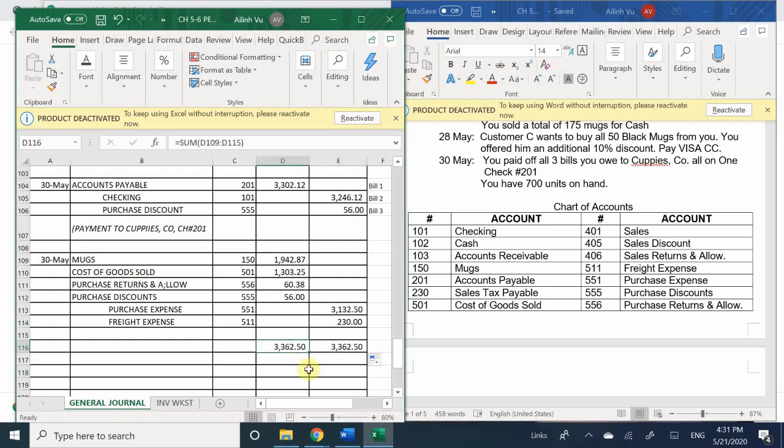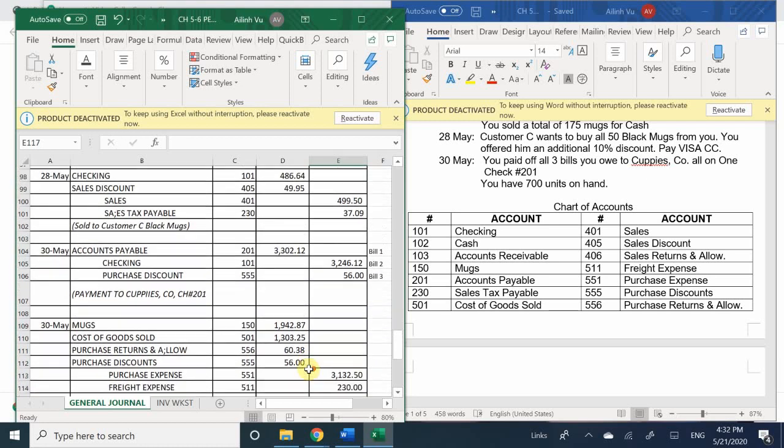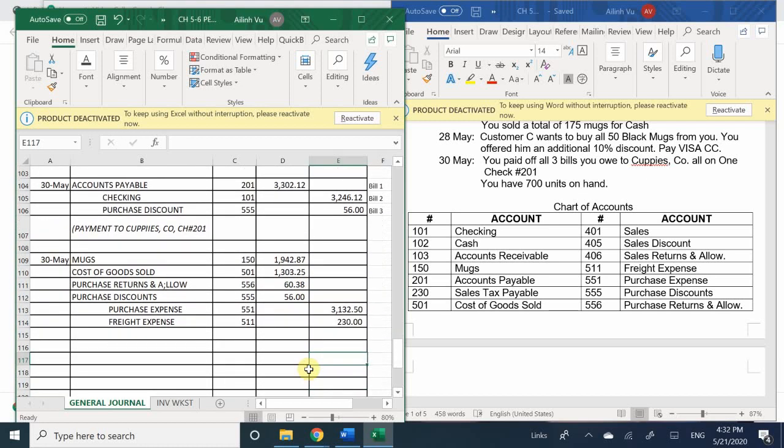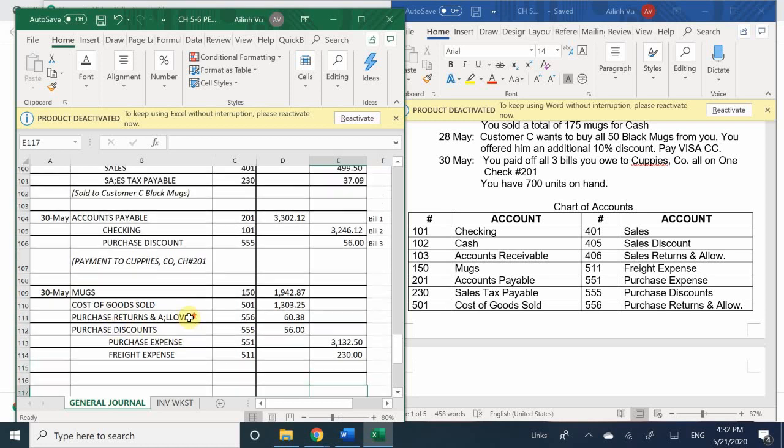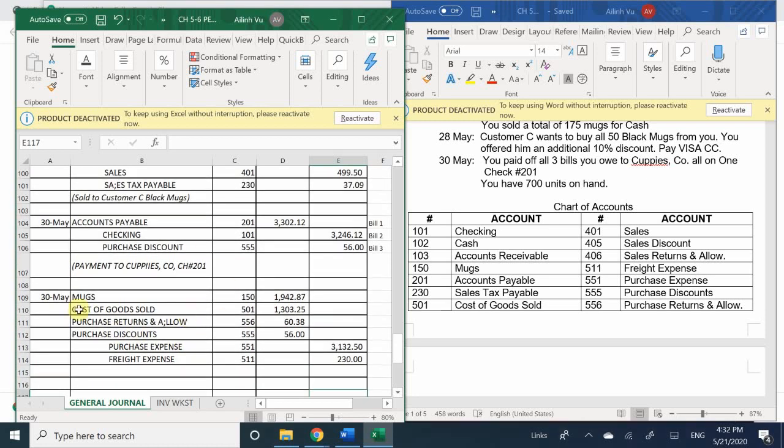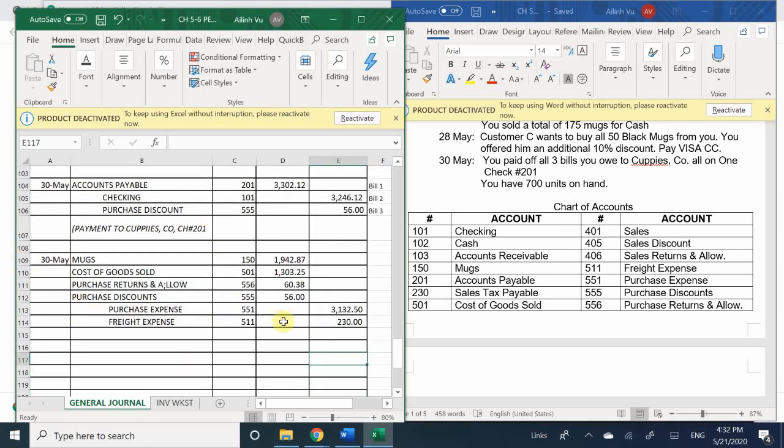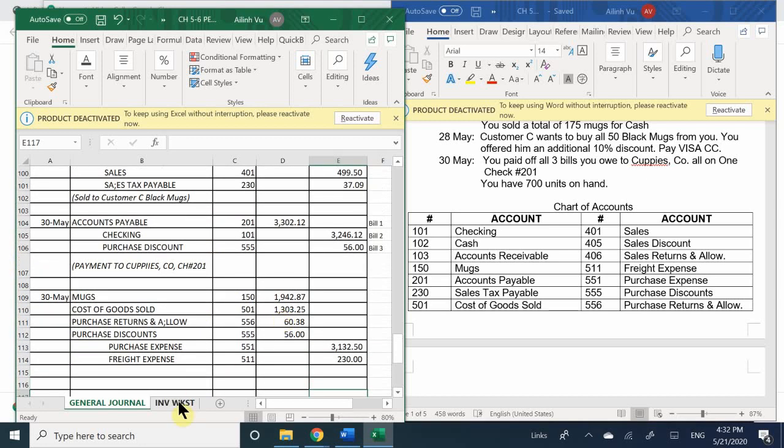Okay, good. Yay. Minor setback there. So sorry about that. I just forgot to indicate the purchase discounts. All right. Any questions about this entire thing?